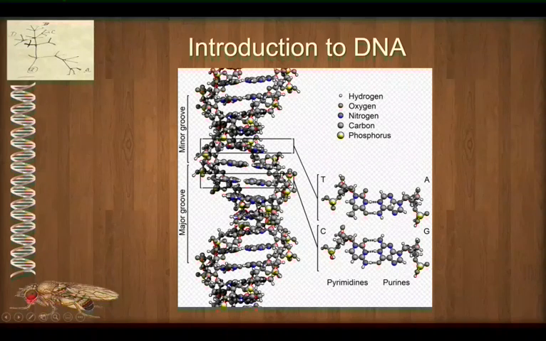So as we look across, we notice that there are two types of molecules in general. There are molecules that have two rings. We call these purines. And then there are molecules that have a single ring. We call these pyrimidines. And a single ring molecule, pyrimidine, always matches with a double ringed molecule, a purine, on the other side. This one is thymine. This one is adenine.